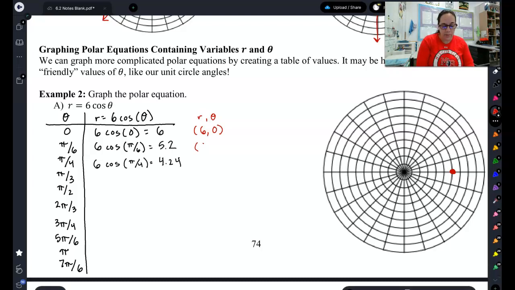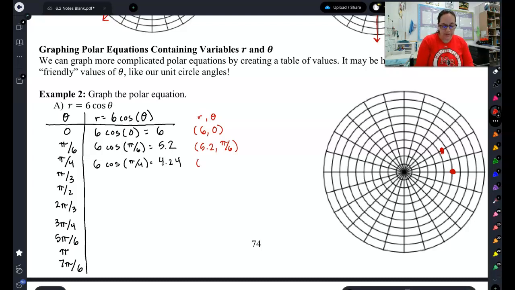This next point would be graphed as 5.2 comma pi/6. So I'm going to go to an angle of pi/6 and a radius of 5.2. So pi/6 would be right here, and I'm going to go 5.2 out. About there.